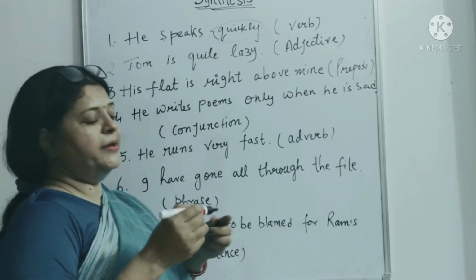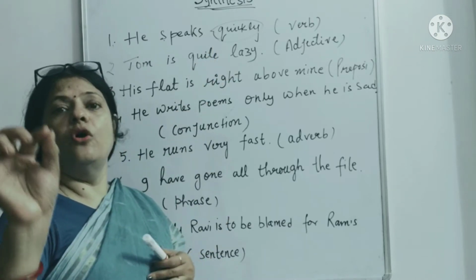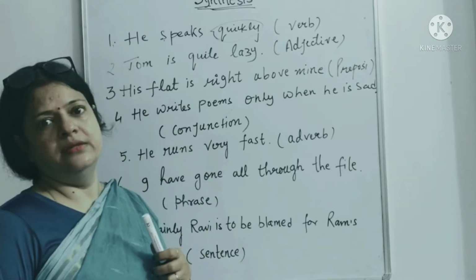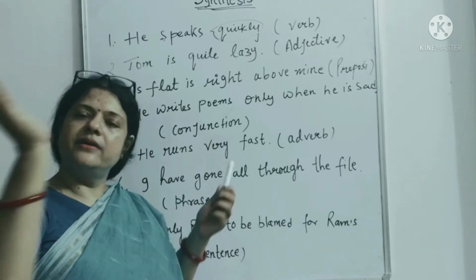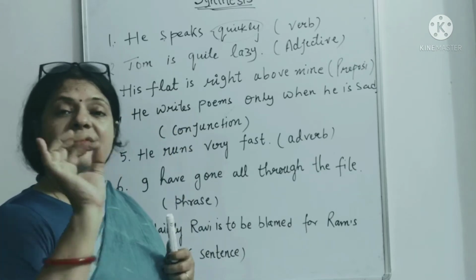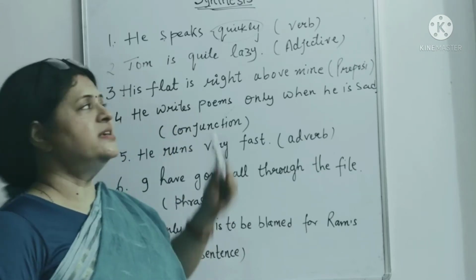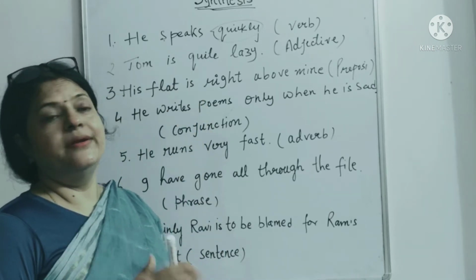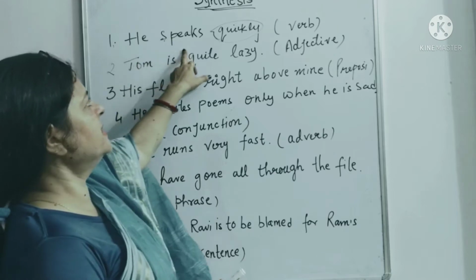Understand? When an adverb is in the objective case, it always comes after the word it modifies. Otherwise it comes before the particular word it modifies. Only when it is in the objective case, it comes after that particular word it modifies.